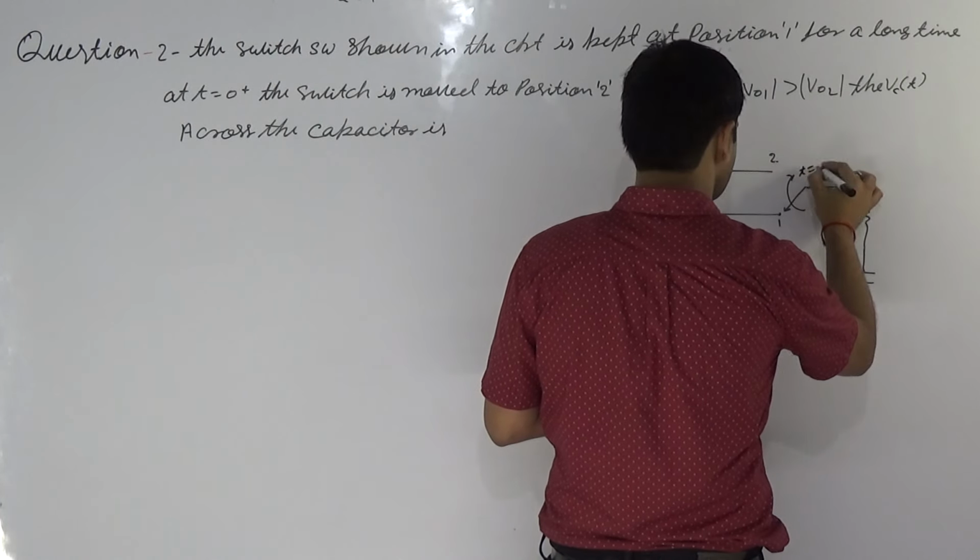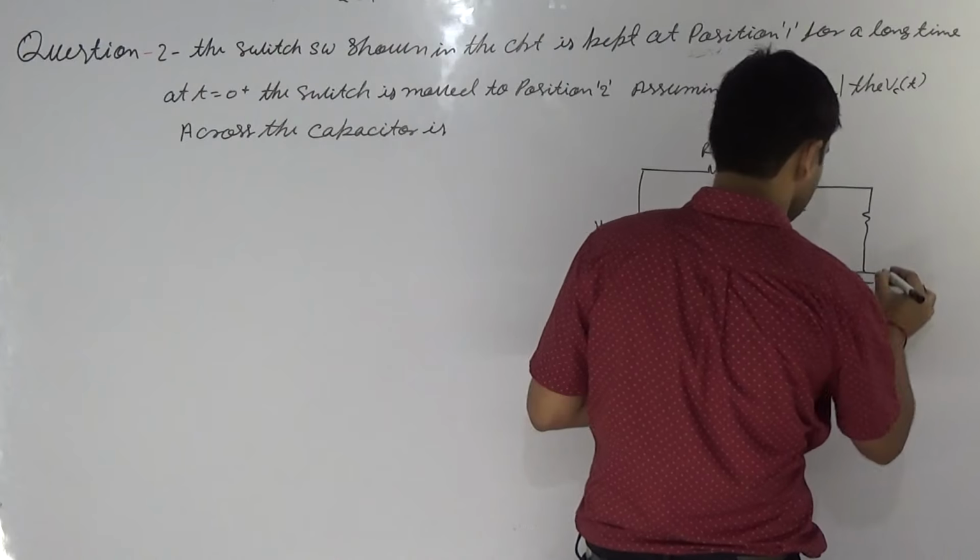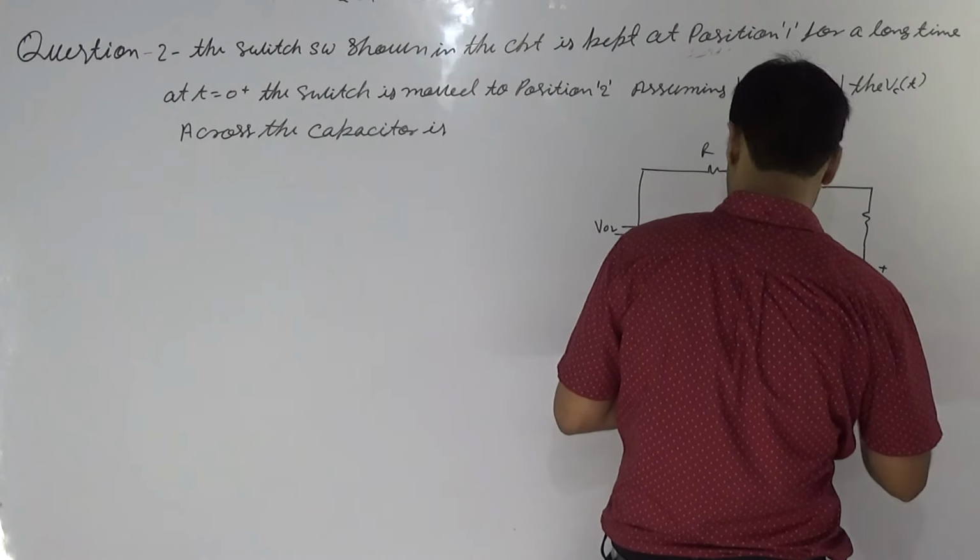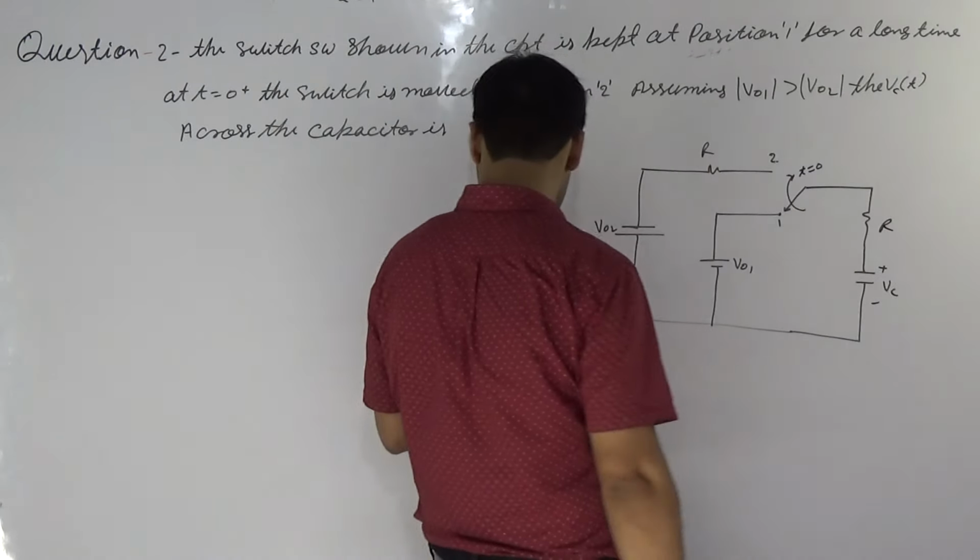At t equal to 0, the voltage across the capacitor VC. This is R, this is R, this is R.